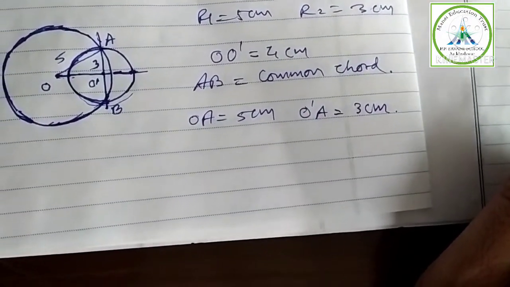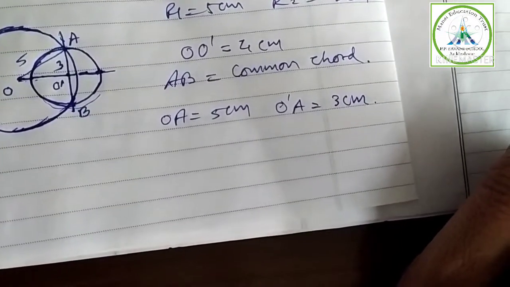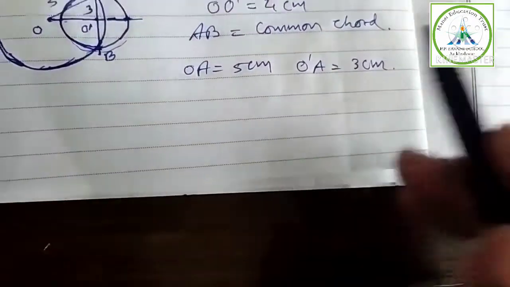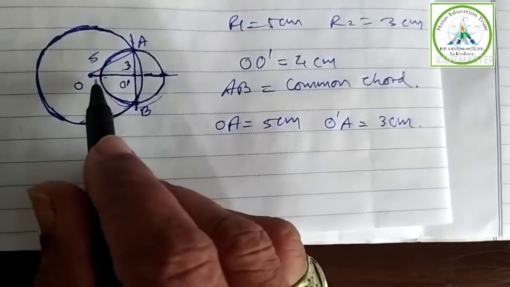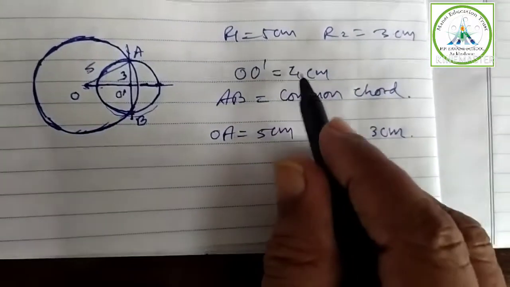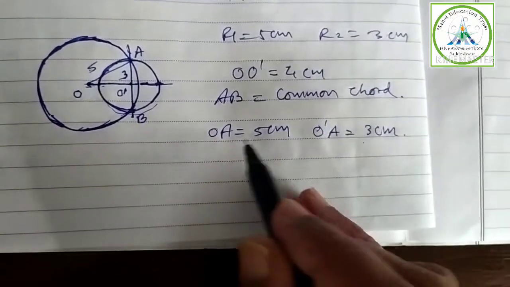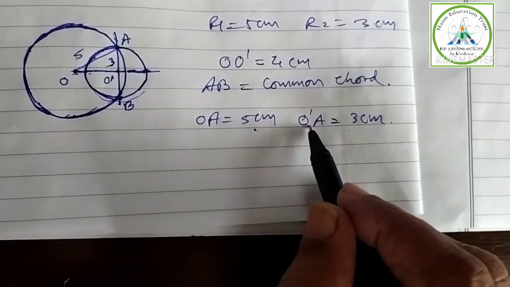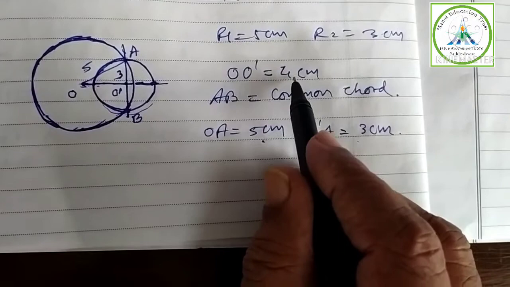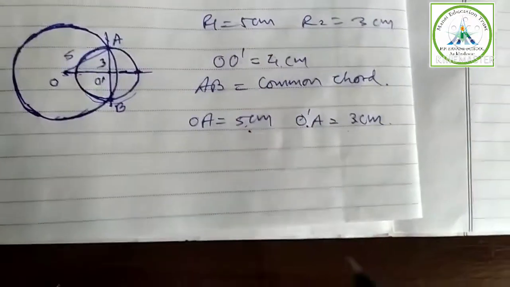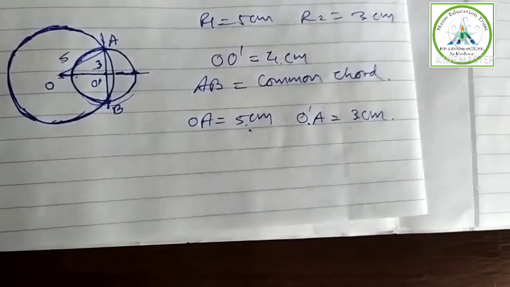Clear? Now clearly we will see 5, 3 and this OO dash 4. Students, OA is 5, O dash A is 3 and OO dash is 4. So 3, 4, 5. This is your Pythagorean triplet.